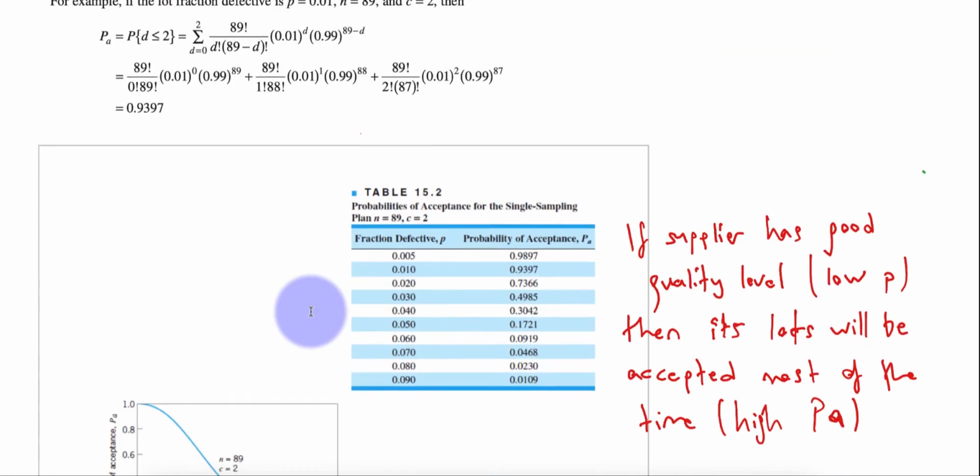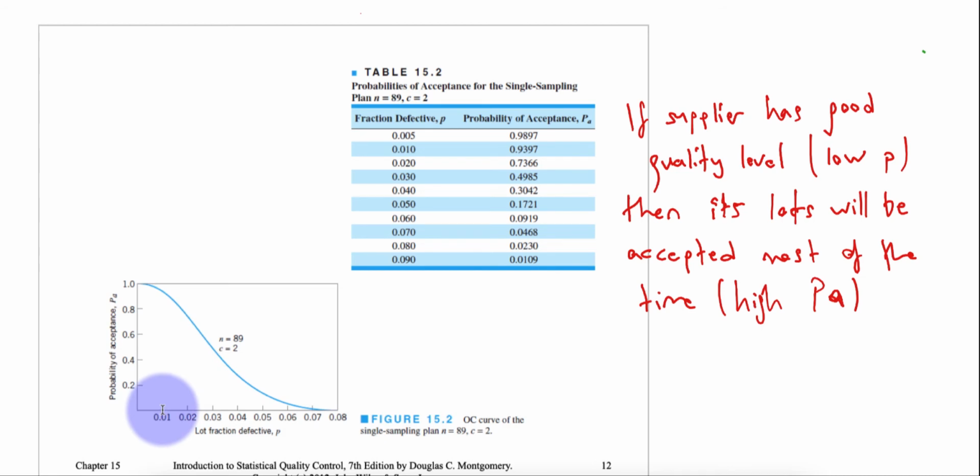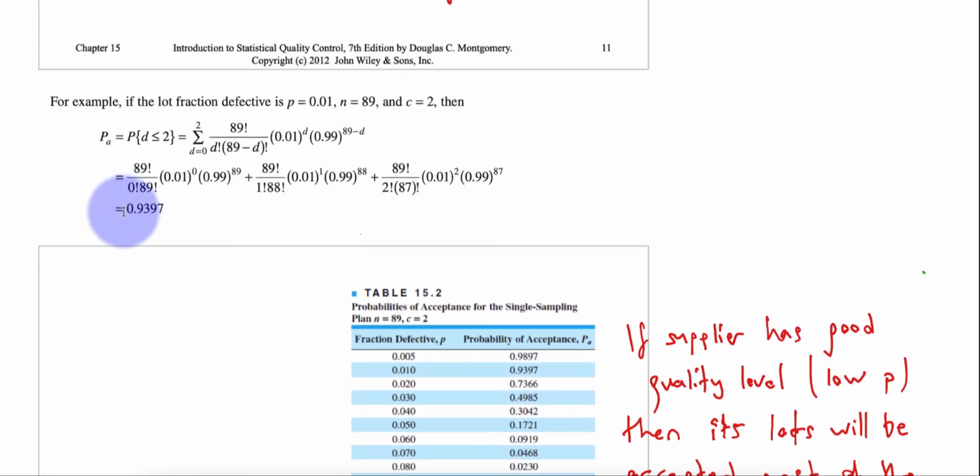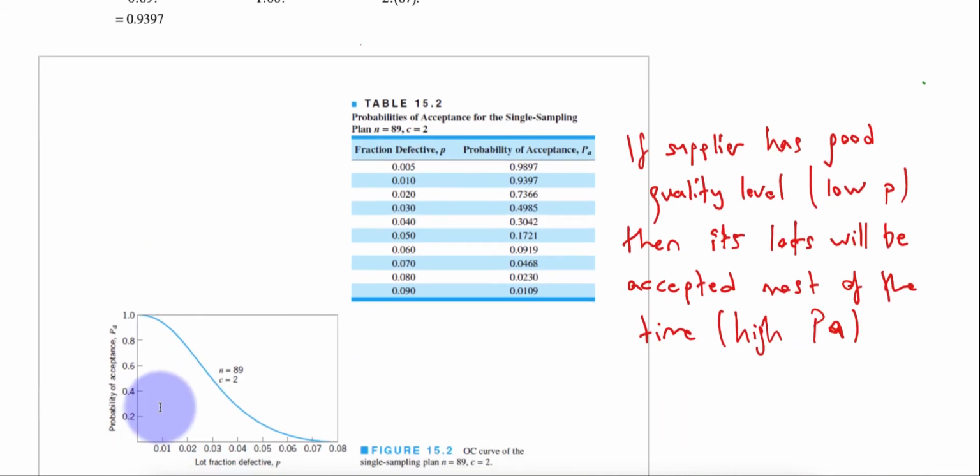So when P is 0.01, the curve shows in the vertical line a probability of approximately 0.93. It means that when the lot fraction defective is 1%, if we are taking a sample size of 89 and our C level is 2, we will accept the lots with that probability.